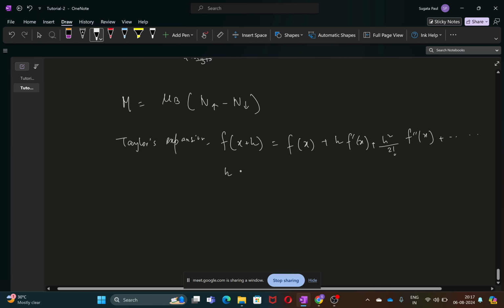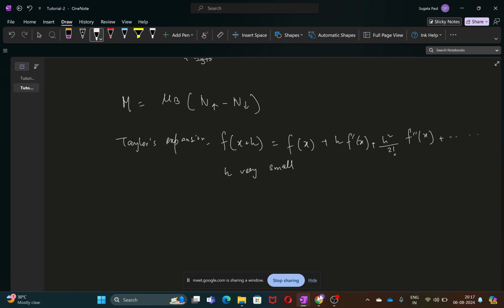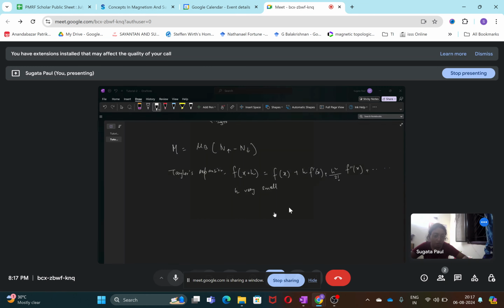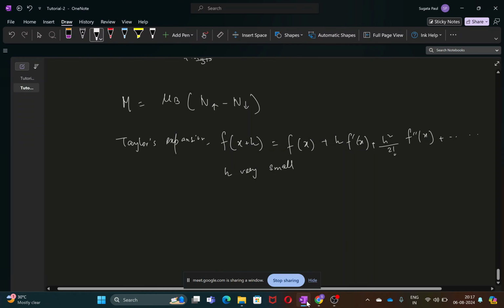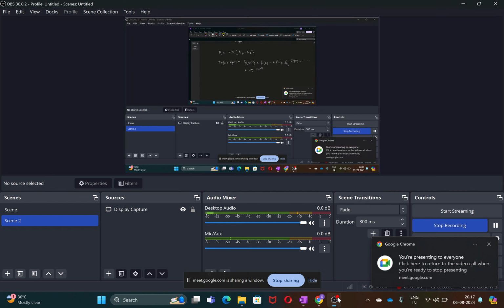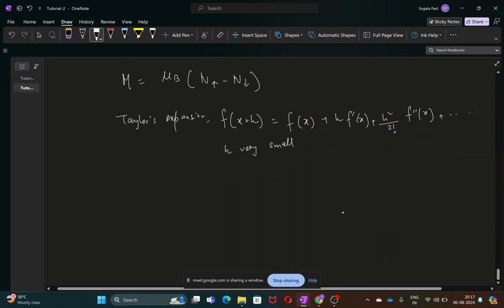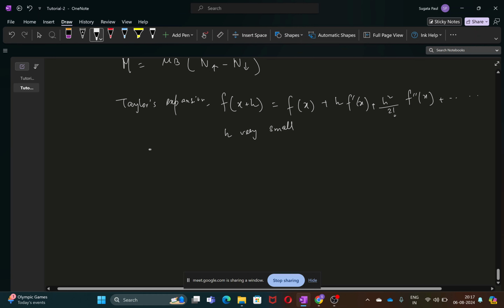Here the assumption is that h is very small, so that you can expand it in a Taylor series like this. Similarly, in our density of states expression g(E + μB·B), we have already assumed that this energy scale is very small, so we can expand it in a similar Taylor series.